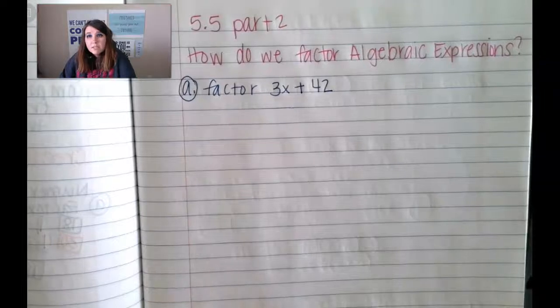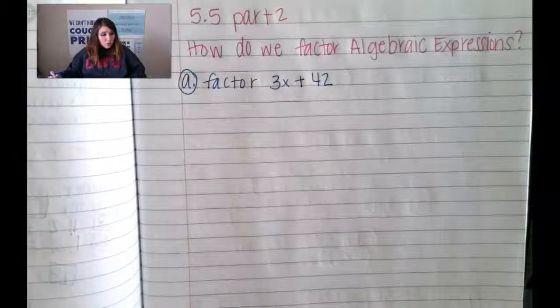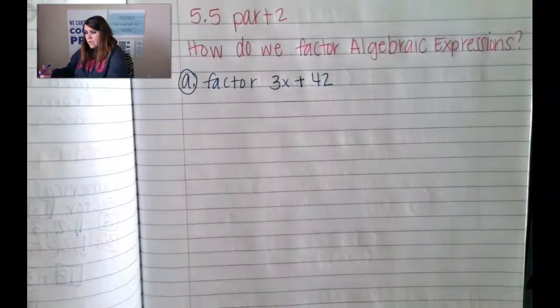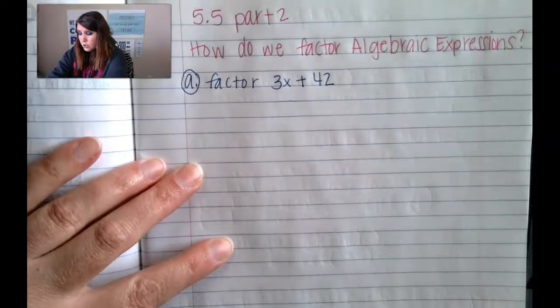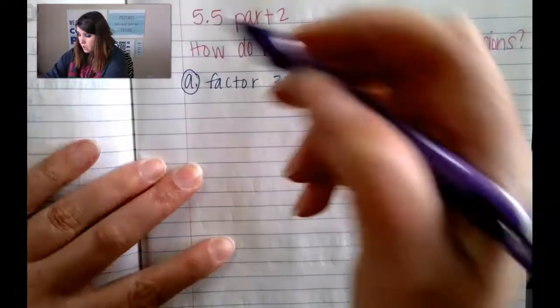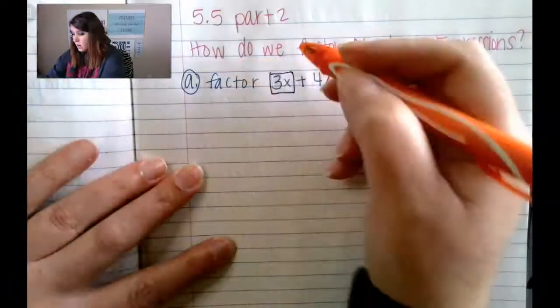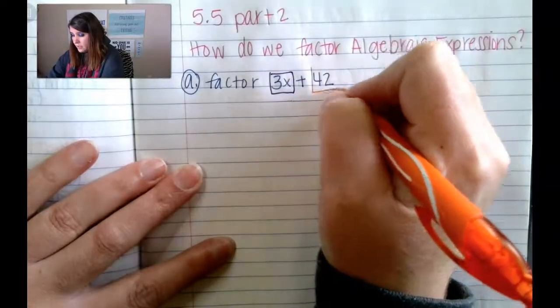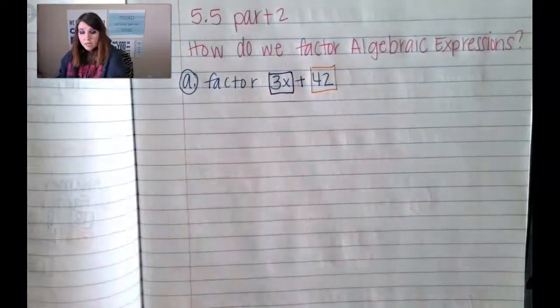They want us to factor that using the greatest common factor. First of all, the two terms that we're working with are, one, the 3x, and two, this 42.